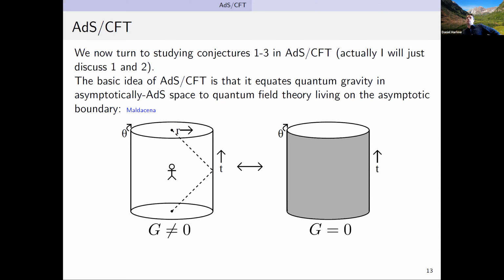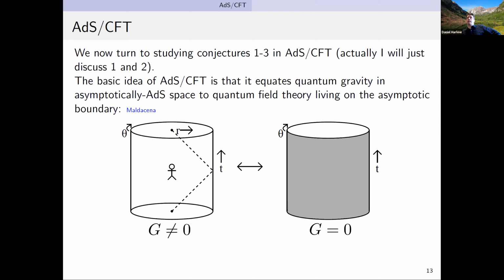Negative cosmological constant is kind of the opposite. The tendency is for stuff to come back to the center. So in particular, if you're in the center here and you shine a laser pointer away from you, it goes away for a while, but then it turns around and comes back. You can see your laser pointer pointing back at you after a time which is around the radius of curvature.